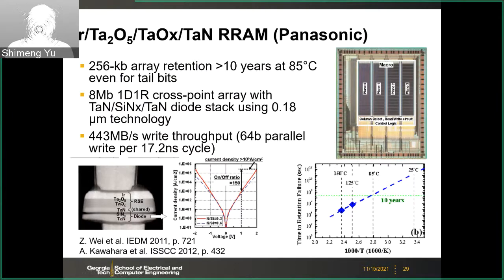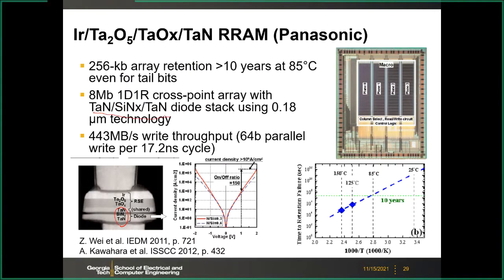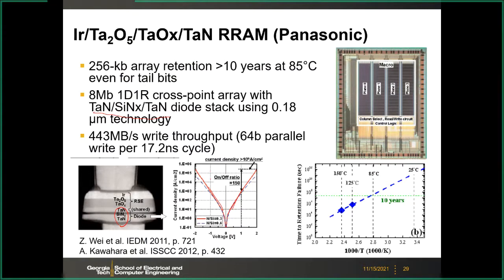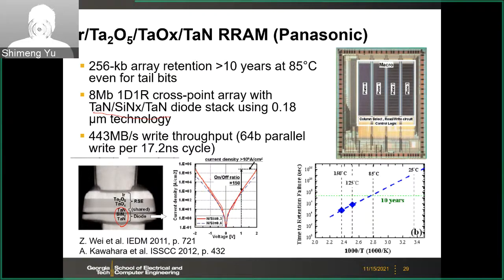Here, this is the selector stack. Tantalum nitride is the electrode, and silicon nitride is like the tunneling layer. So they have this bidirectional exponential IV for the selector.